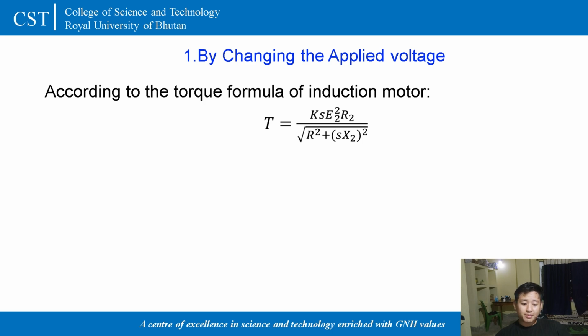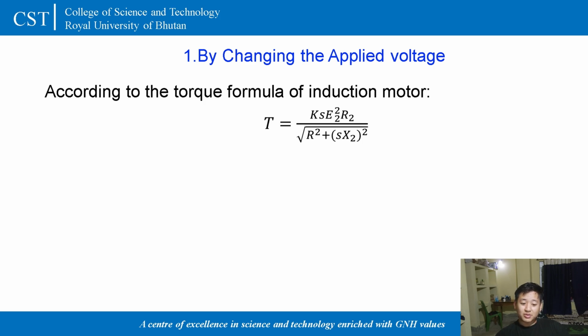Therefore, the torque can be based on s V². This means that if the applied voltage is reduced, the torque drops. Hence the slip rises to supply the same load torque with a reduction in voltage, and as a result speed decreases.